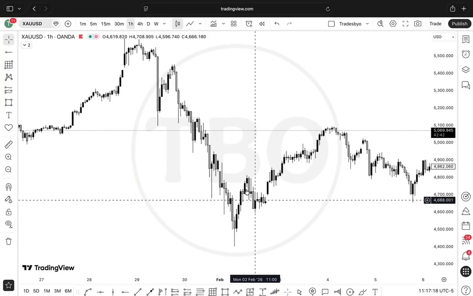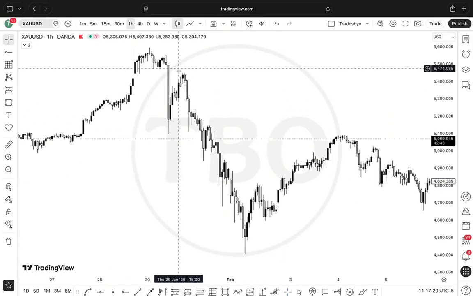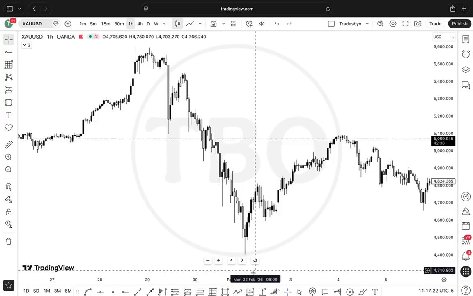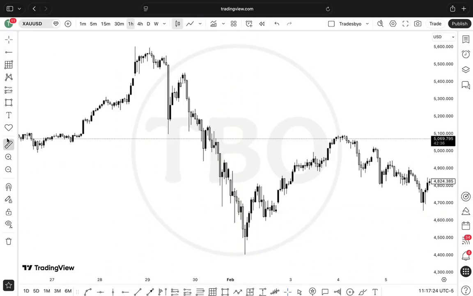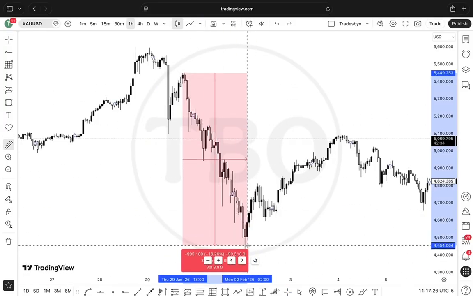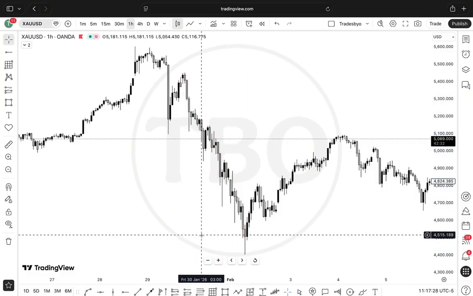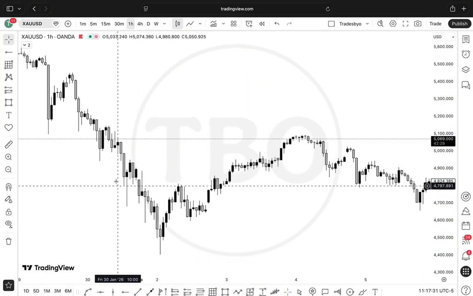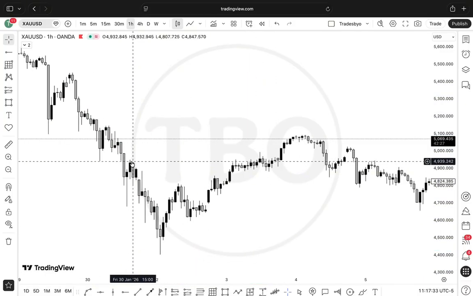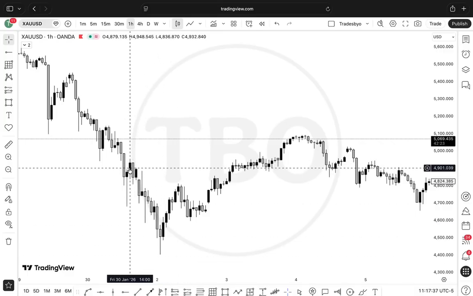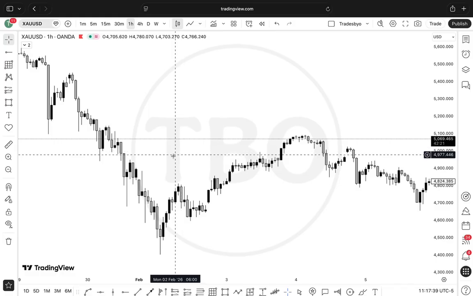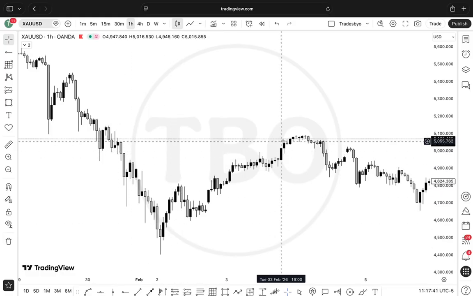Now if we look right here, coming down from here, this is a downtrend. All of this is a downtrend. You want to look for the last lower high that it made before we had a shift to the upside, from downtrend to uptrend.